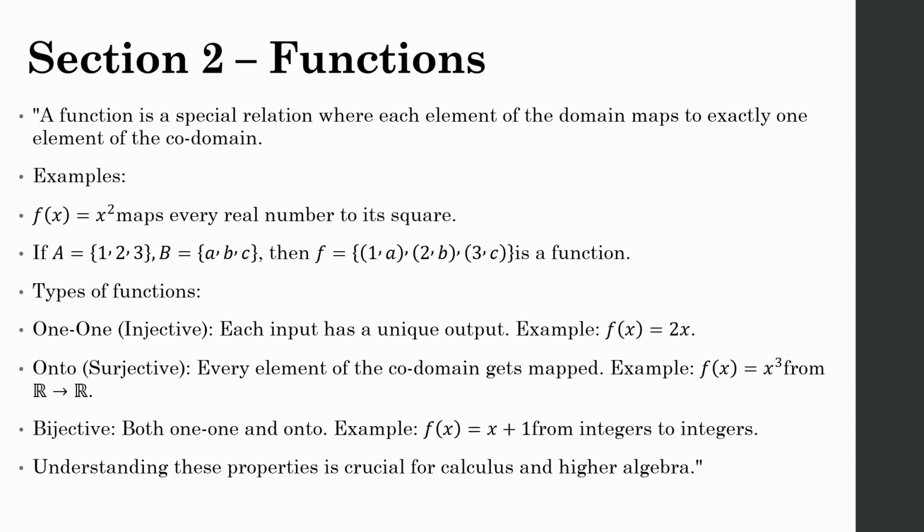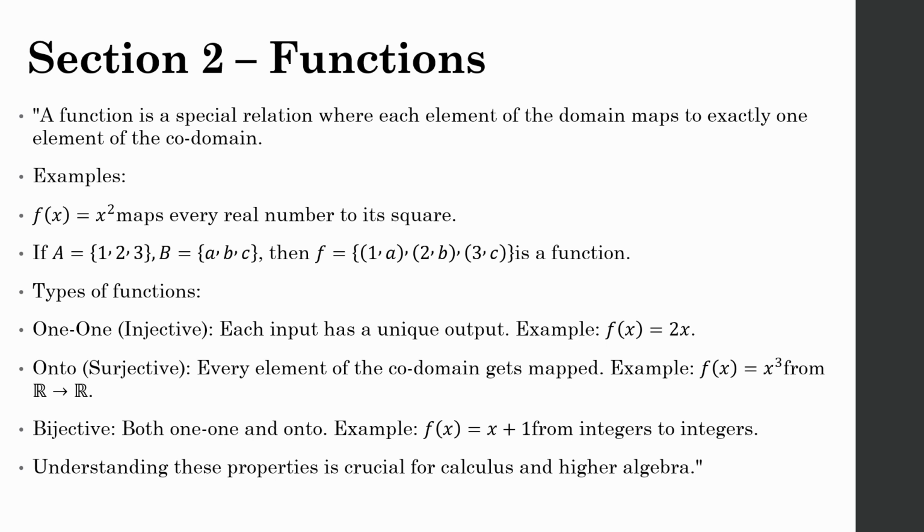For example, f of x equal to x cubed from R to R, where R represents real numbers. Bijective function. It has the properties of both one-to-one and onto functions. For example, f of x equal to x plus 1, where the x values are integers.